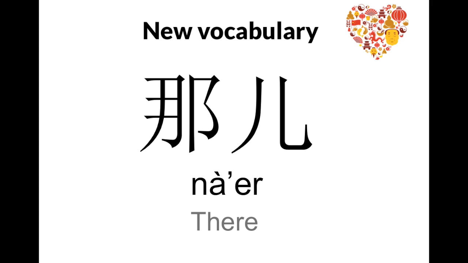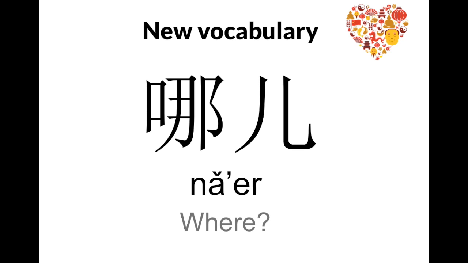Next up, we have a really useful word that's pronounced nar. And this is actually short for 那里, but it's more common to say just nar. And this R ending is used in many other Chinese words, and it's also more common in certain dialects than others. So we know the first character, na, which means that, and when you add the li, or R for short, it becomes there. So nar means there.